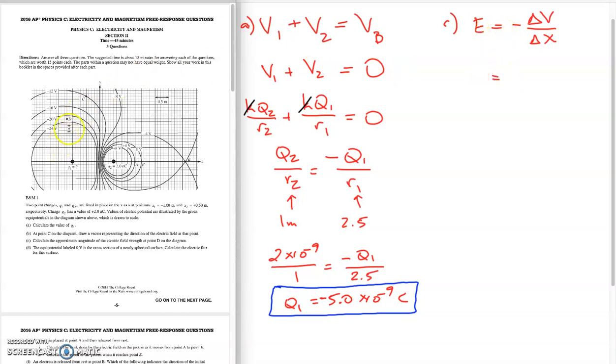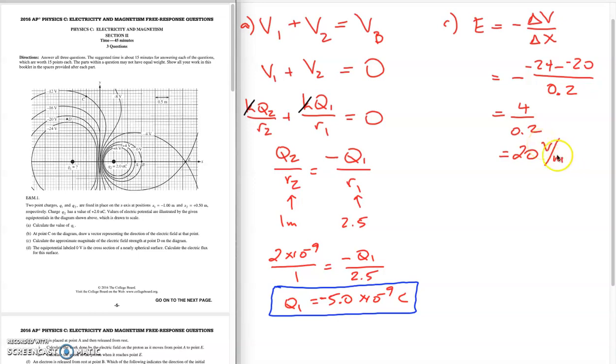Well, in this case, we're going to have minus, and then minus 24 minus negative 20, and then the distance is 0.2. So this is a difference of 4 over 0.2, which gets us 20 volts per meter, and it points almost nearly straight down.